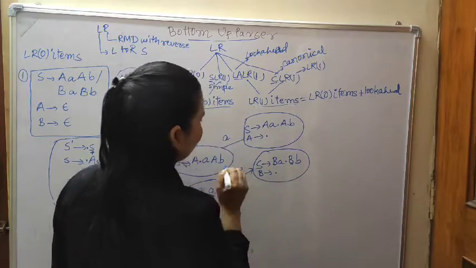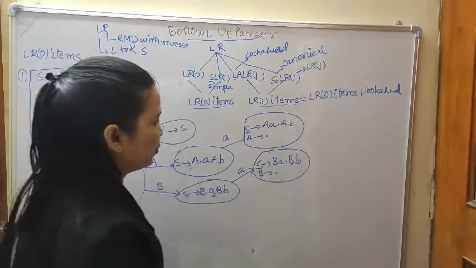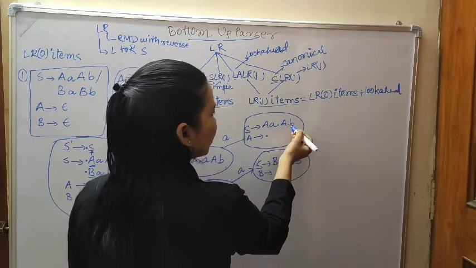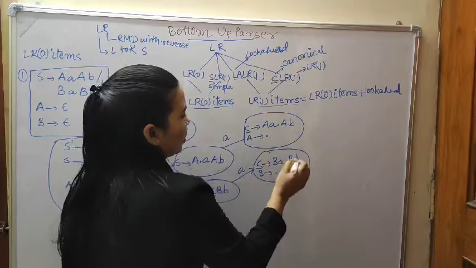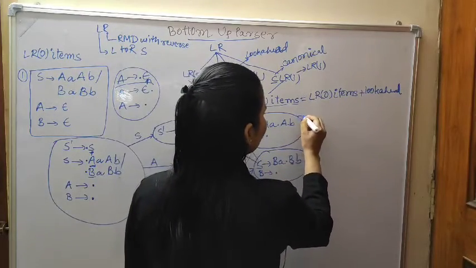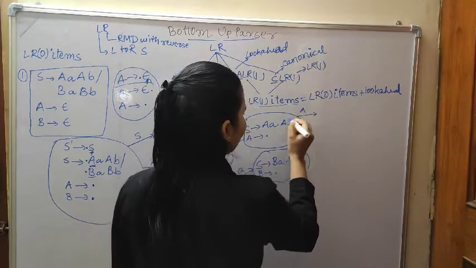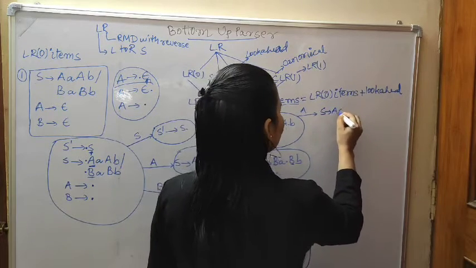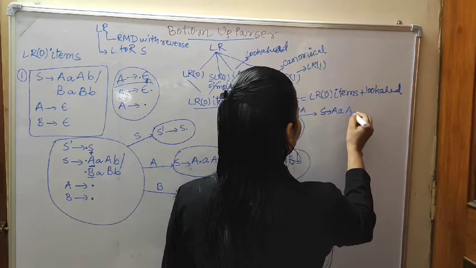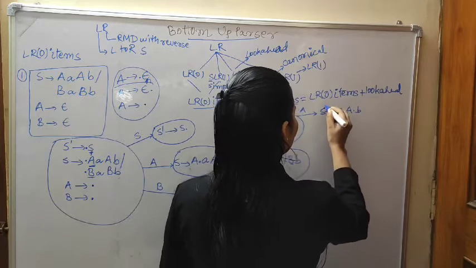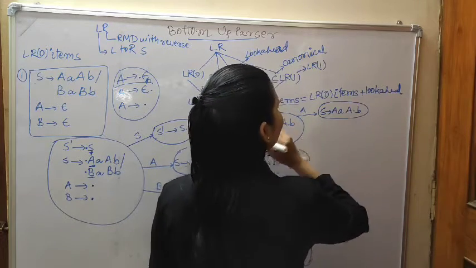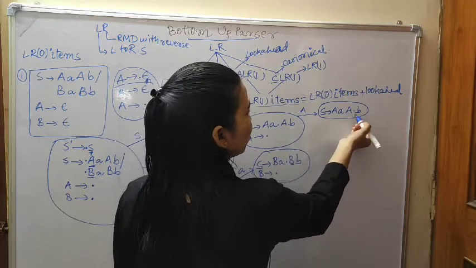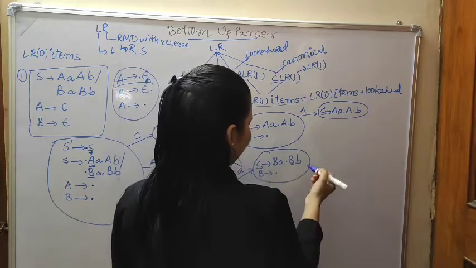Okay, this is the final value. Now we will see for A. Now we will read the A. Whenever we are reading the A, write S2 A dot B. A dot B, and B is a terminal variable, so we will not write the production rules of B.